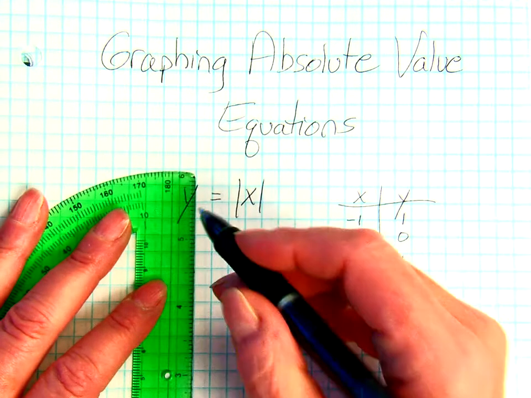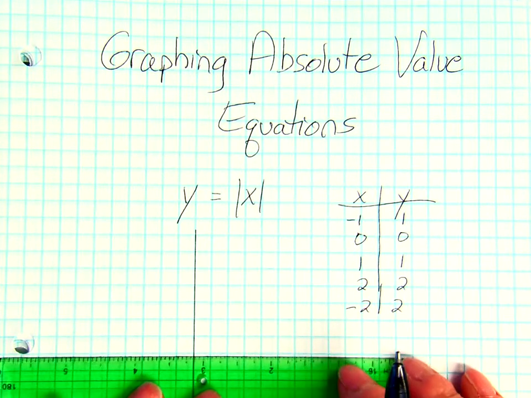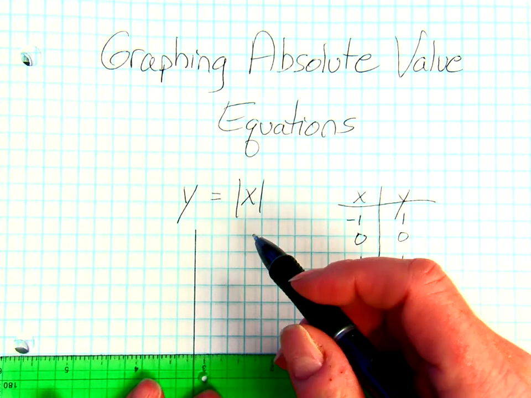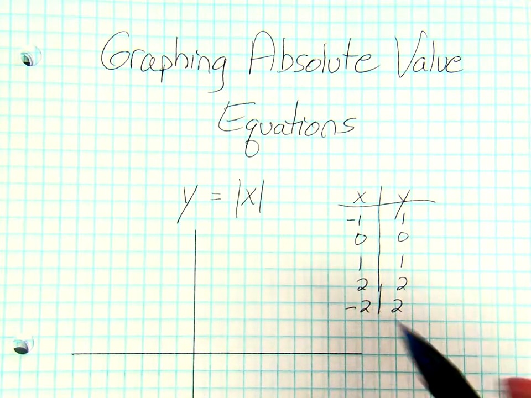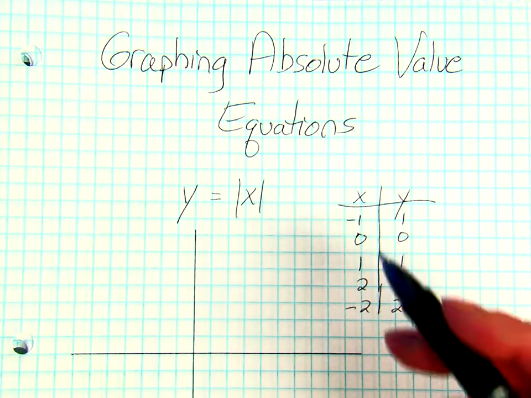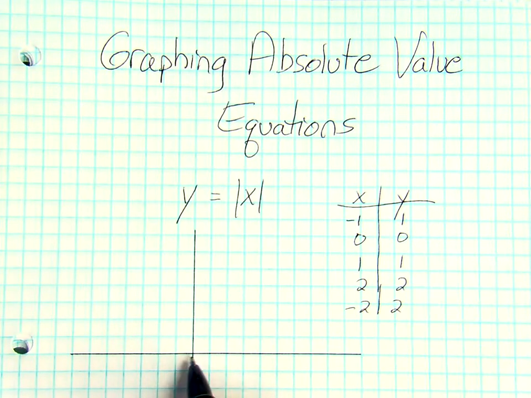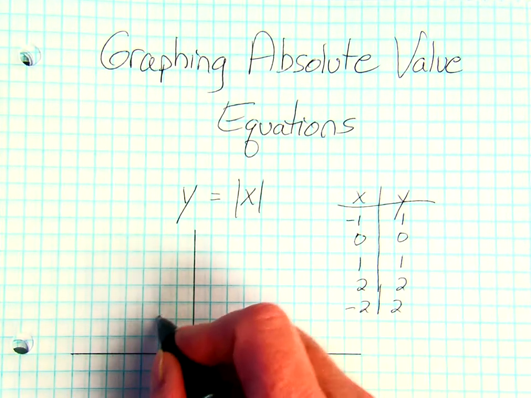Okay, so, when we graph this, let me make my coordinate plane. This is, of course, the parent function, y equals absolute value of x. This is the simplest form. So we've got -1 and 1. We'll come down here and do -2 and 2.